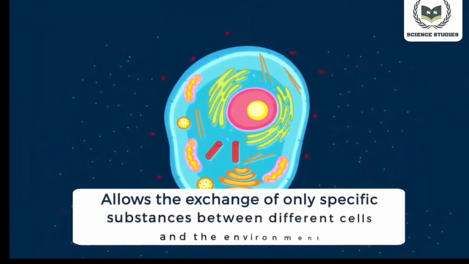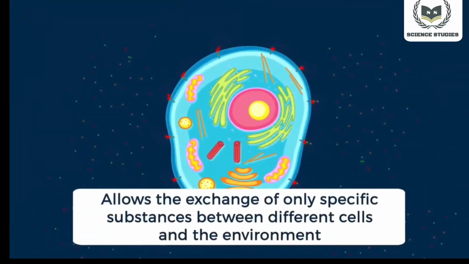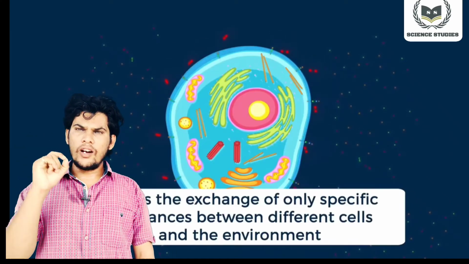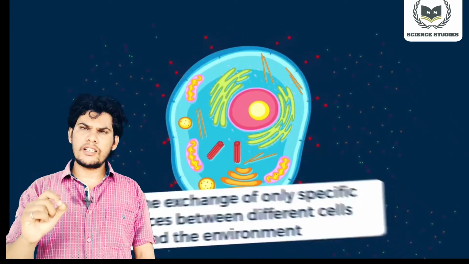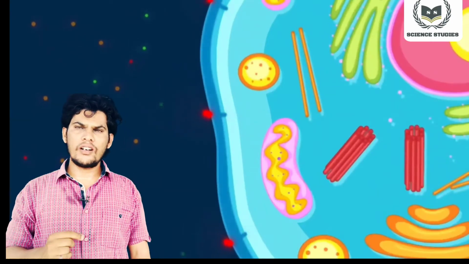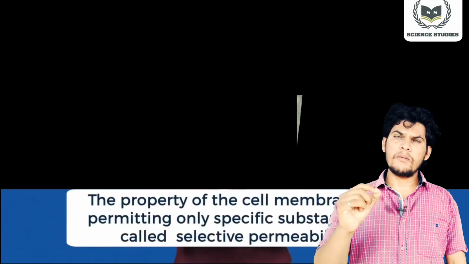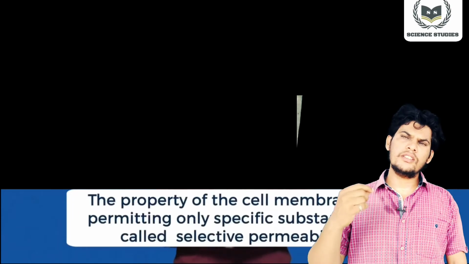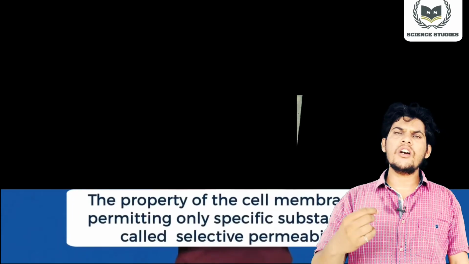Like that, cells also allow the exchange of only specific substances between different cells and the environment. That's why the cell membrane is also called a selectively permeable membrane. This character is called selective permeability.